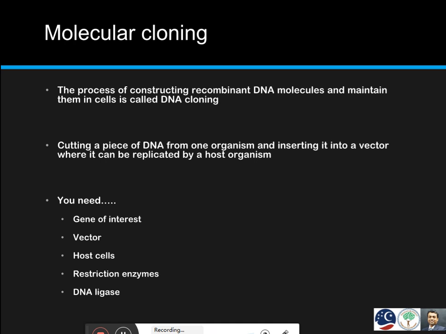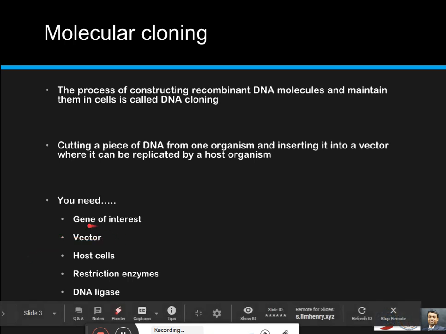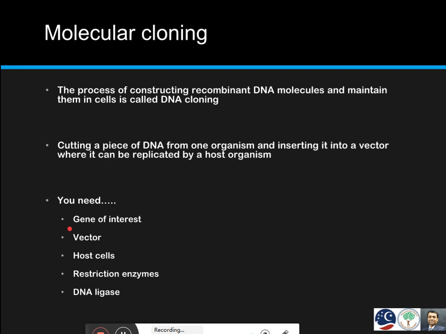We start the process by cutting our target DNA, the DNA which we want to clone from a source, and then inserting it into another DNA, the vector DNA. This generates the recombinant DNA, and we put this recombinant DNA inside a suitable organism, the host cell, which is usually a bacterial cell in which the recombinant DNA is maintained.